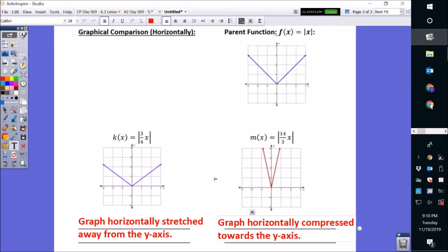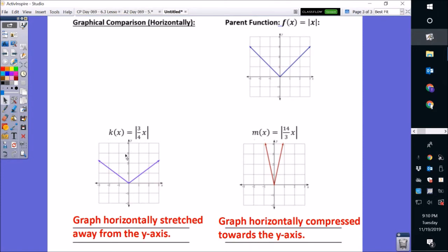So to review, the bottom left graph: the graph horizontally stretch away from the y-axis, or you could say horizontally expand from the y-axis. But I'm mostly going to refer to horizontally stretch or horizontal stretch. Then for the bottom right graph, you can see the graph is horizontally compressed, or you can say horizontally shrunk towards the y-axis.